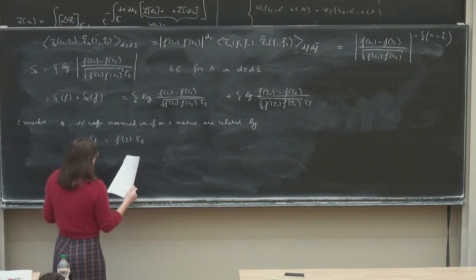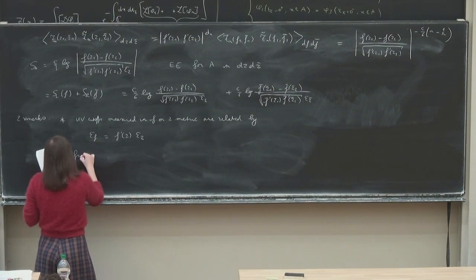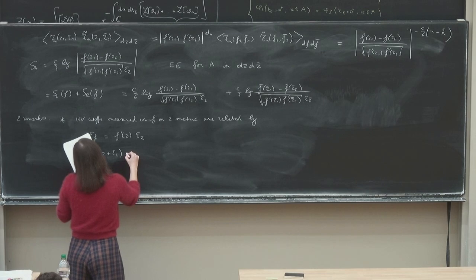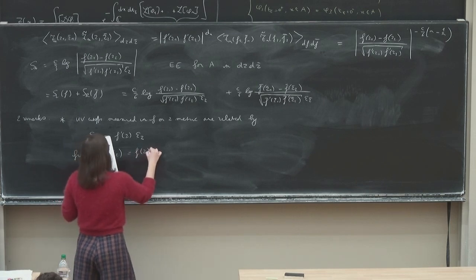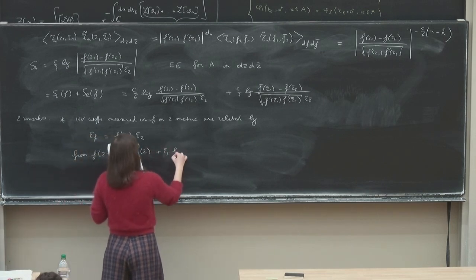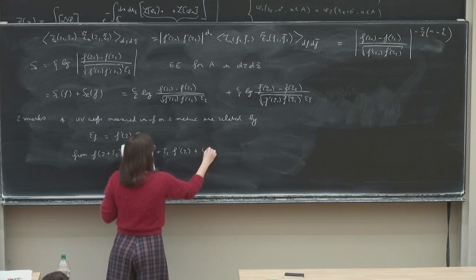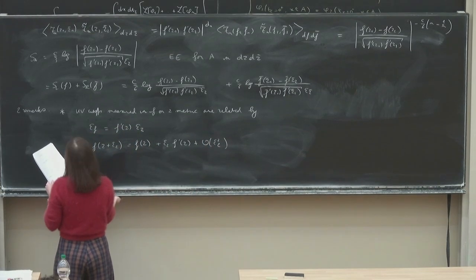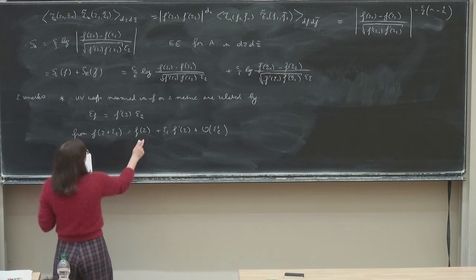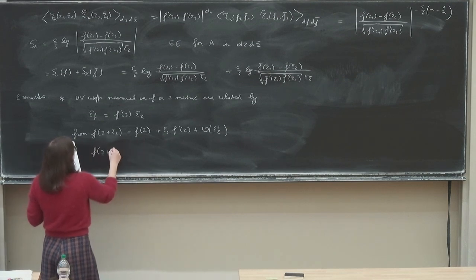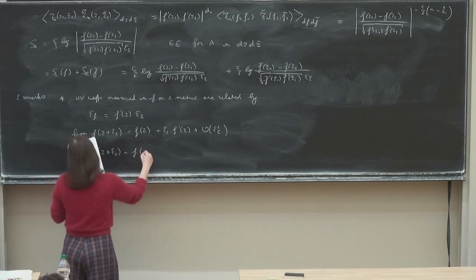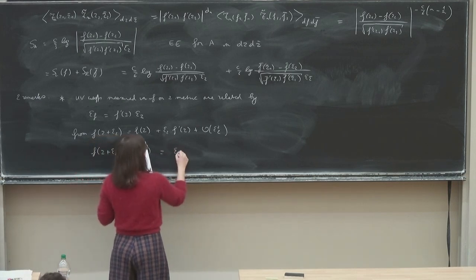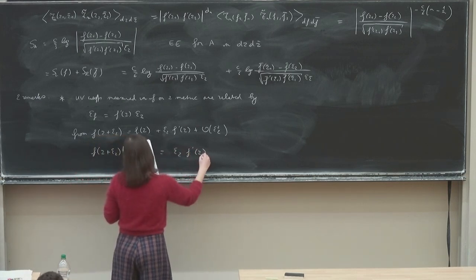And that makes sense just from Taylor expansion. So you can write f of z plus epsilon z minus f of z as epsilon z times f prime.